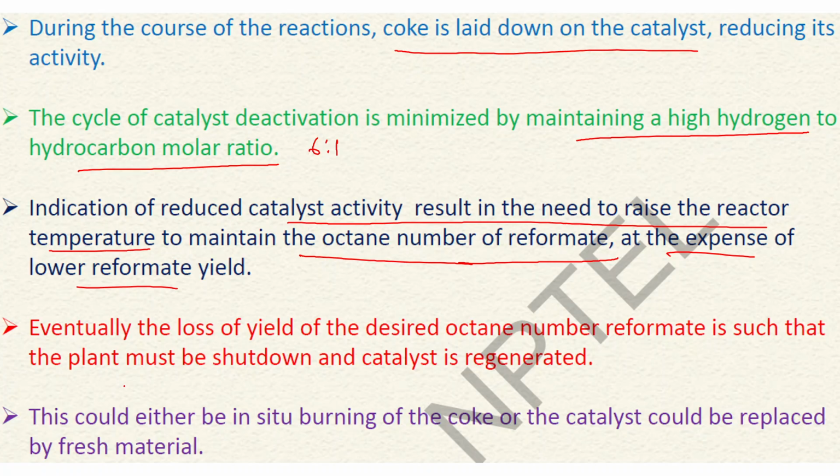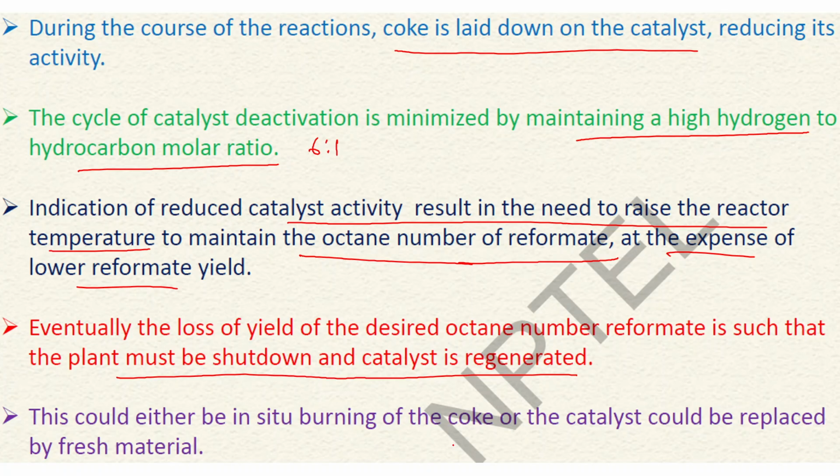Okay, so eventually the loss of yield of the desired octane number reformate is such that a time will come when the yield and quality of the reformate both will not meet the required demand. Then the plant must be shut down and the catalyst must be regenerated. This can be done by in situ burning, as I told in the FCC unit also, by burning the coke in the presence of oxygen.